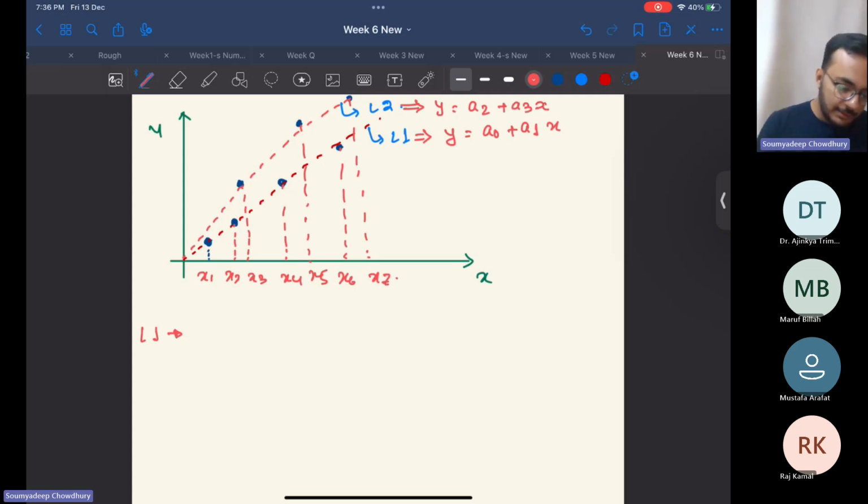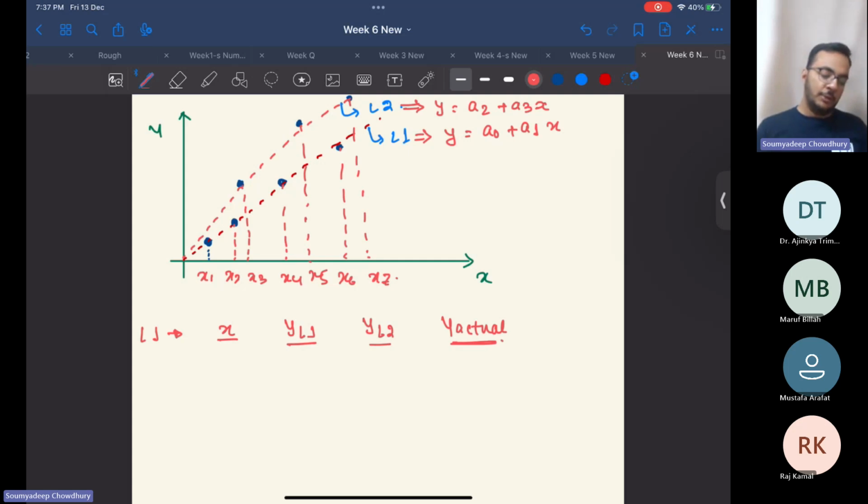So what you do is, for line 1, your actual y for different values of x. This is my x, y predicted by L1, y predicted by L2, and y actual.